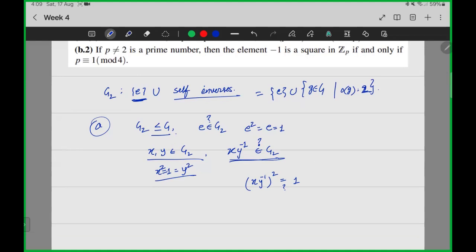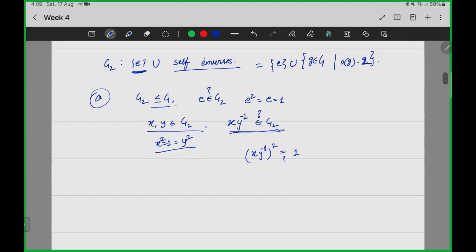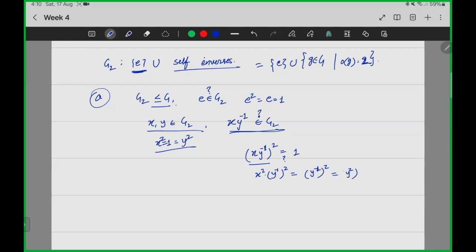Because this is a commutative or abelian group, this product can be written as x squared times y inverse squared. Now x squared is anyway 1. What is left is y inverse squared, and this is nothing but the inverse of y squared, and y squared is just 1.